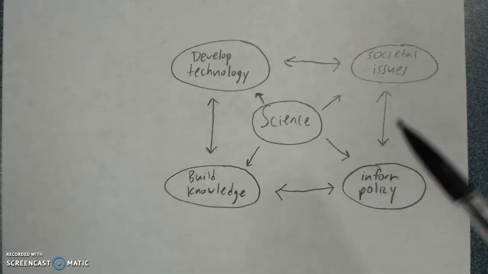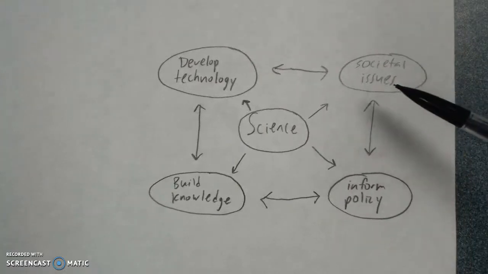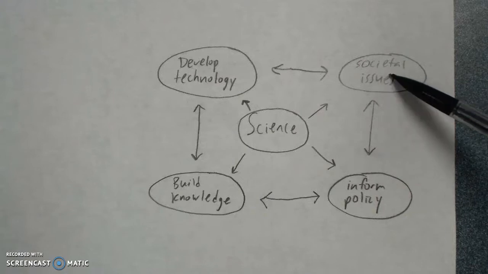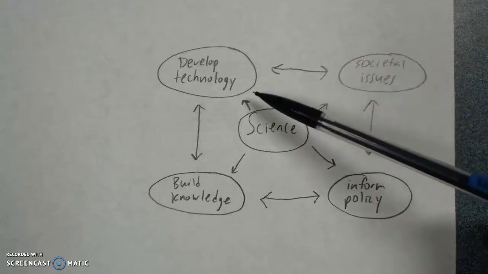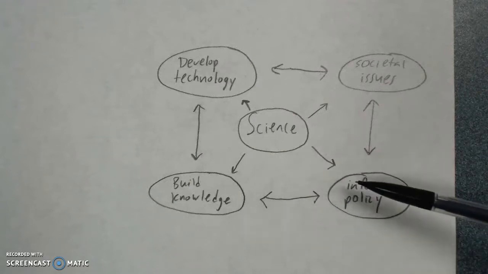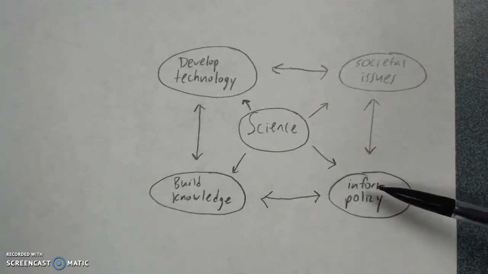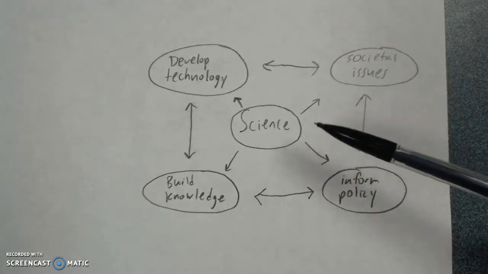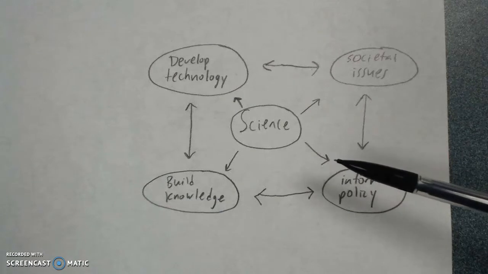What you can see here on this chart is we have 4 corners to this square. We have societal issues, we have develop technology, build knowledge, or inform policy. In the middle of this square is science, and science is interconnected through all of this.